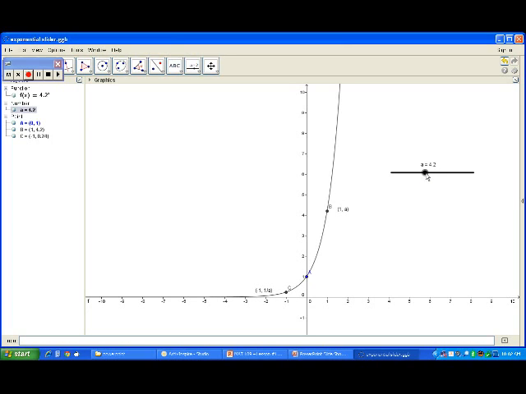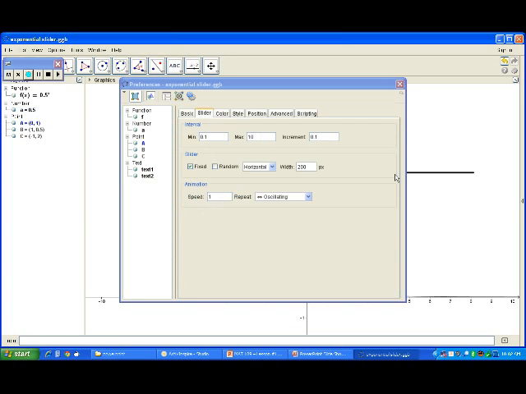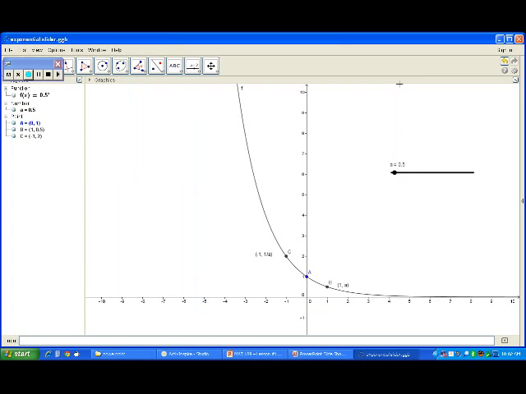What happens if the base is less than 1? It looks like that. If a is a half, 1 over a half is 2, so it goes through the point minus 1 and 2, and it goes through the point 1 and 1/2, and it goes through 0, 1.